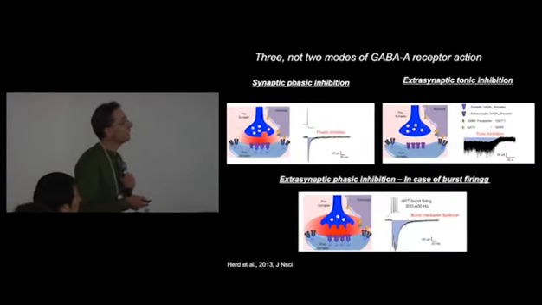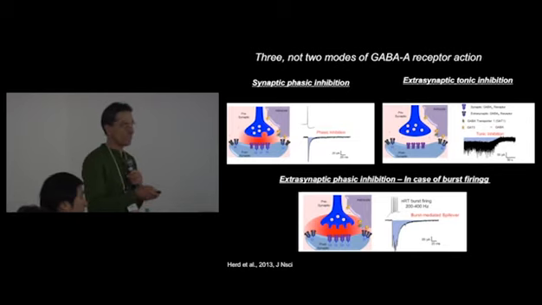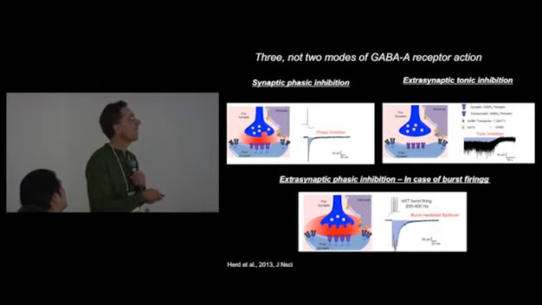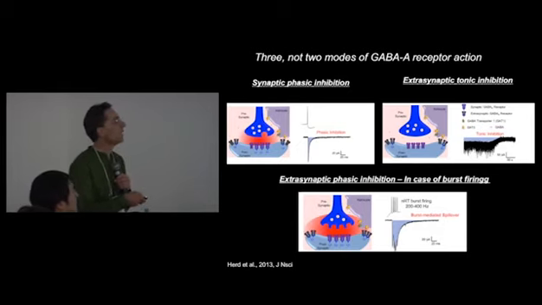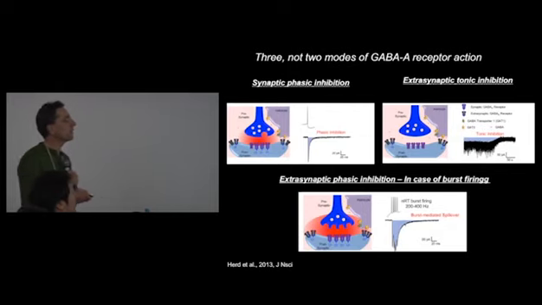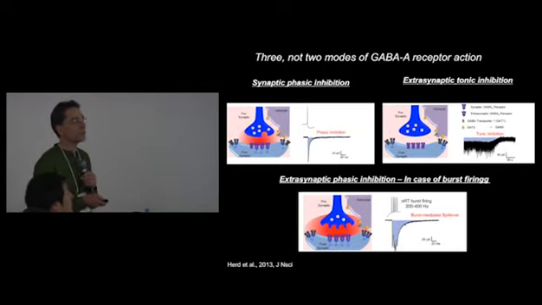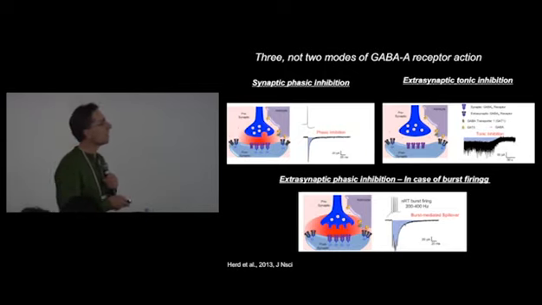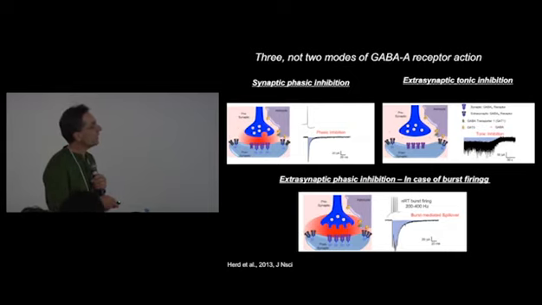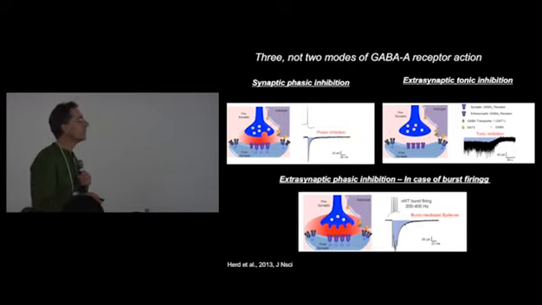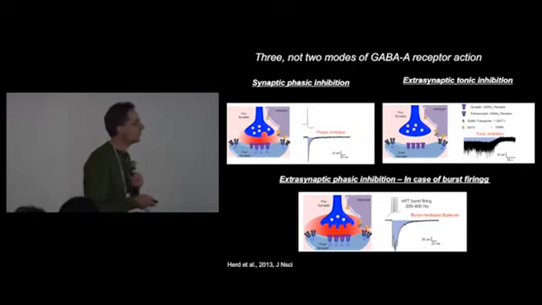So how can we explain it? Basically, beside the two well-known actions of GABA, in this case, you have to add a third type of inhibition. During a very special case when the NRT cells burst, most probably these bursts induce a different release mechanism of GABA, and so much GABA is released that it is physically able to overflow the synapse and activate alpha-4 and delta containing extrasynaptic receptors.